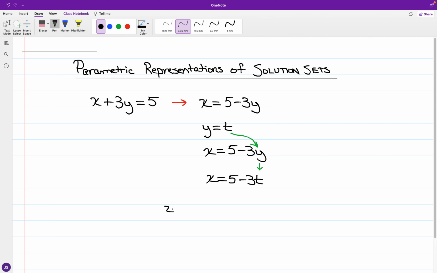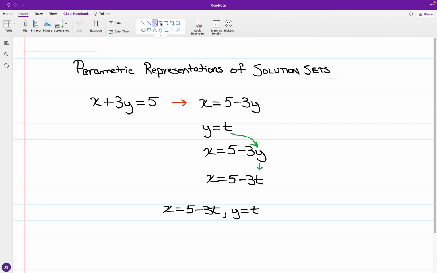So in the solution set, we have x is equal to 5 minus 3t, and y is equal to t.